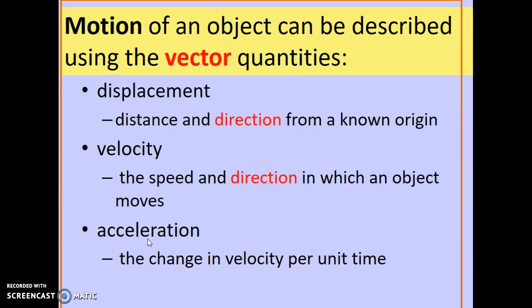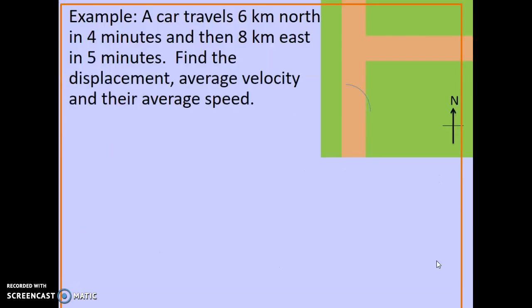You calculate acceleration using the change in velocity over the time taken for that change to occur. It's measured in meters per second to the minus 2, or meters per second squared.